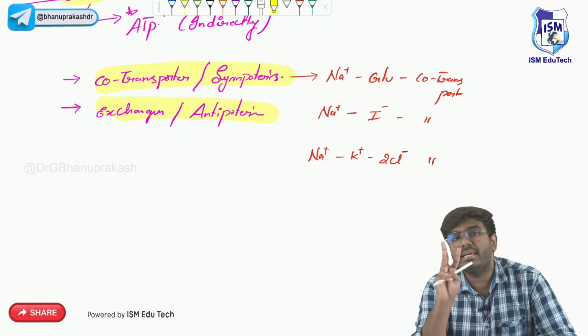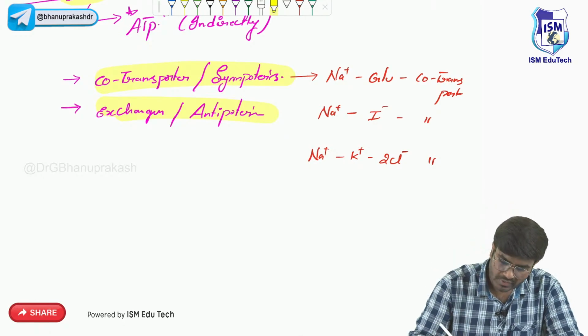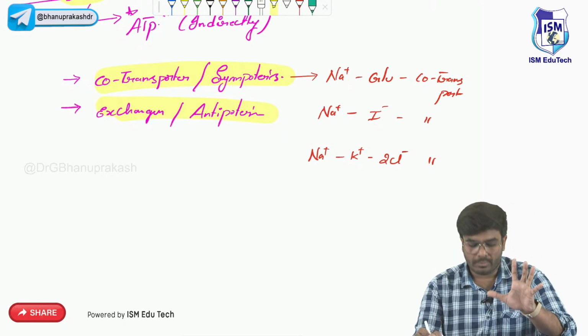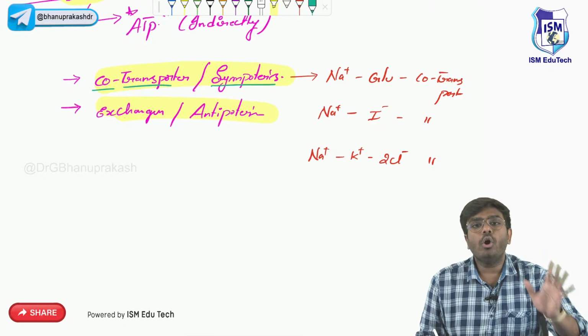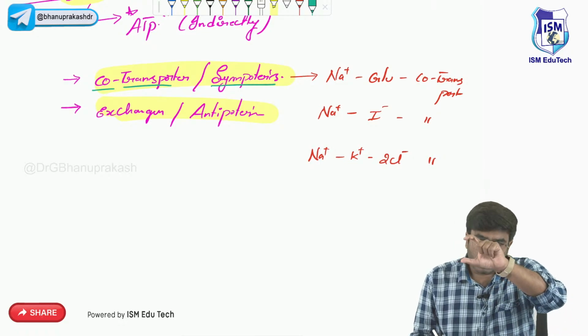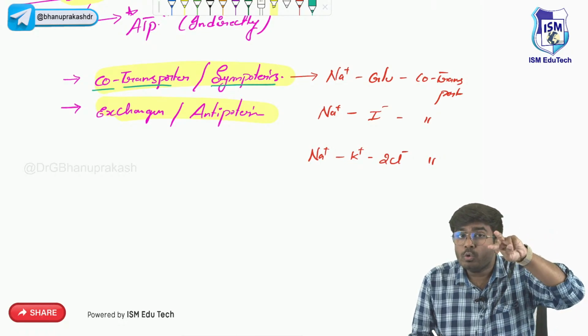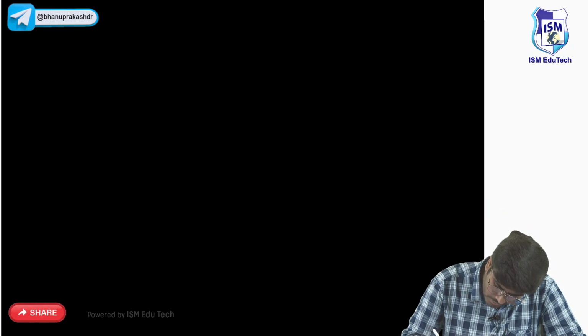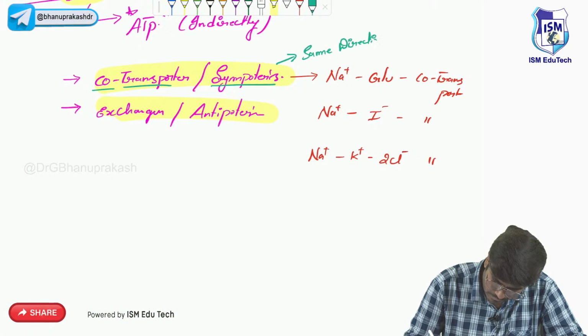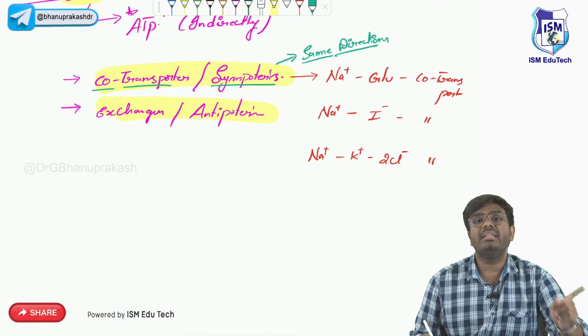I have given you three examples of co-transport. First of all, what exactly do we mean by co-transporter or symporter, sir? It means two substances are being transported in the same direction. This is important: same direction.